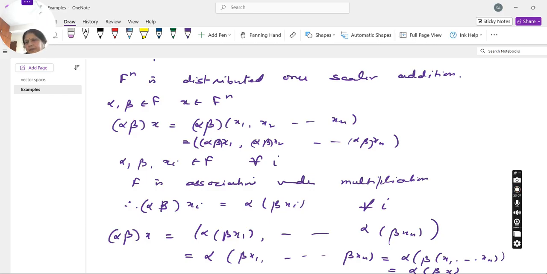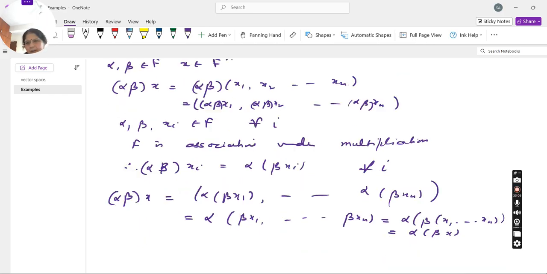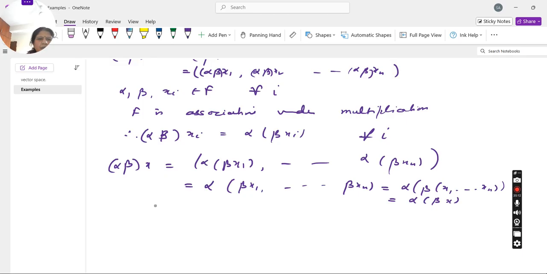So that means Fn is associative with scalars. This is the n tuple of F.